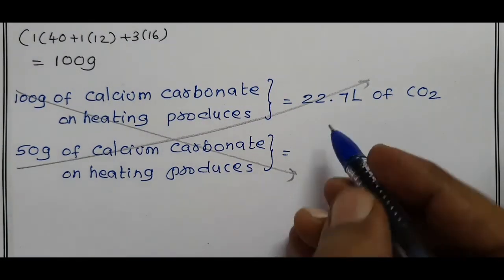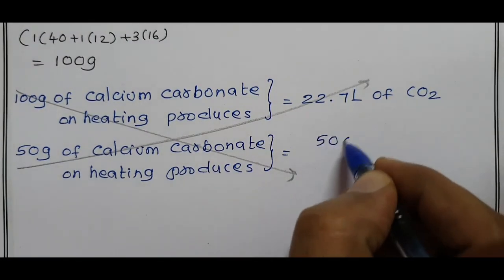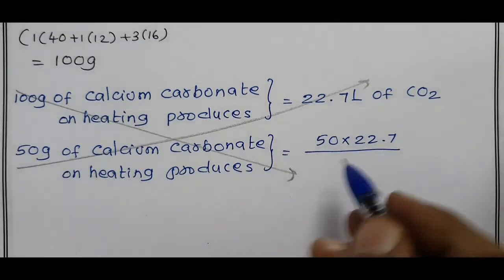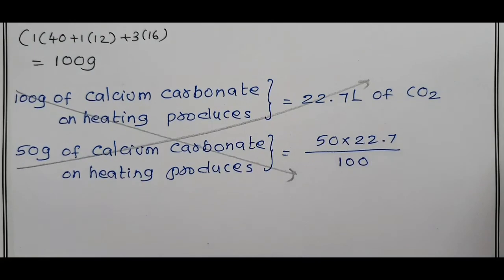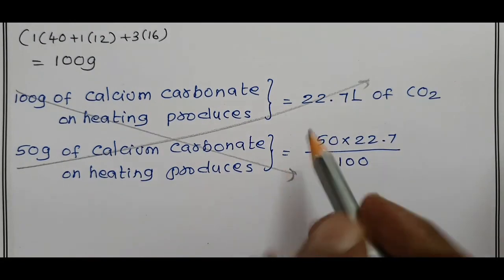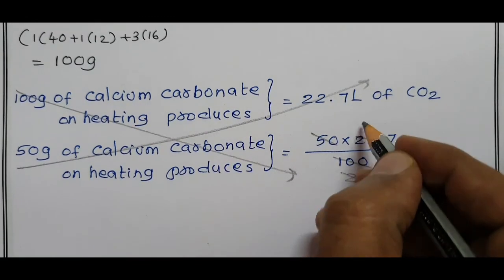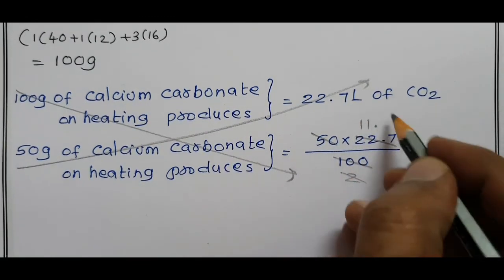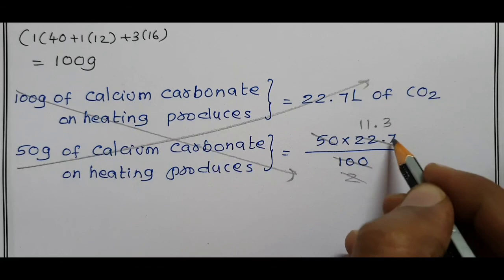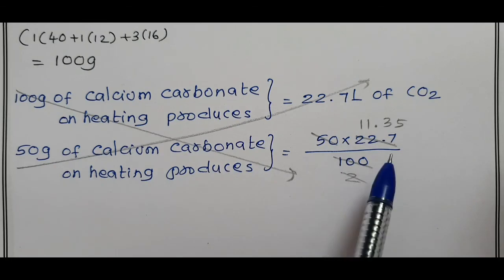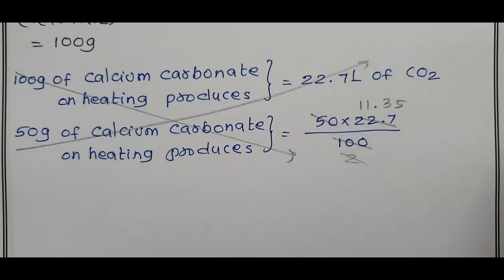So, 50 into 22.7 divided by 100. 1 into 50 is 50, 2 50s are 100, 1 into 2 is 2, 11.3, 2 sixes are 6, remaining 1 5. So, 11.35 liter of carbon dioxide is produced when 50 gram of calcium carbonate is heated.